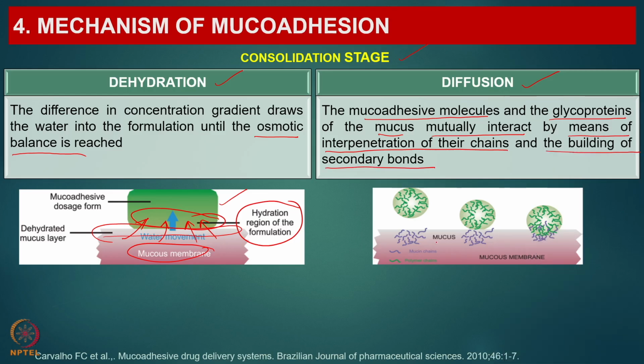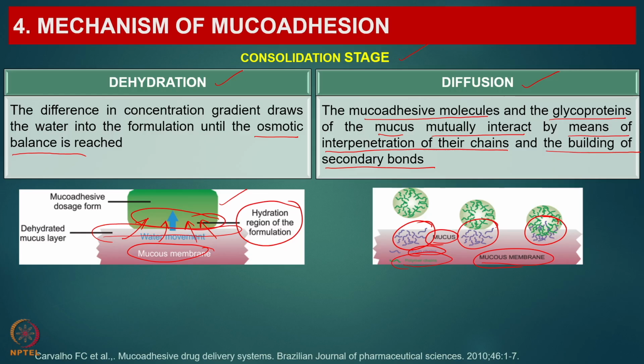Here you can see this is the mucus and this is the membrane, and the blue color represents the mucin chain and the green color represents the dosage form. Once we are at this stage, the consolidation stage, you can see there is interpenetration or entanglement of the polymer with the mucin.